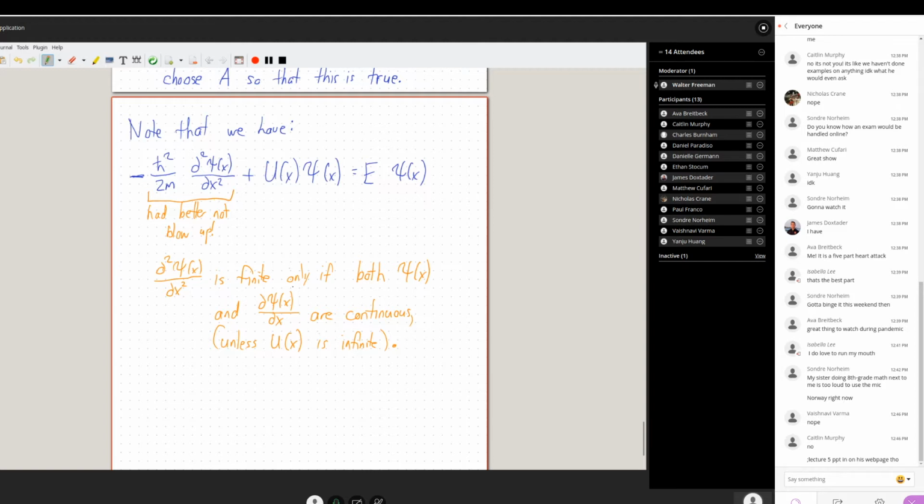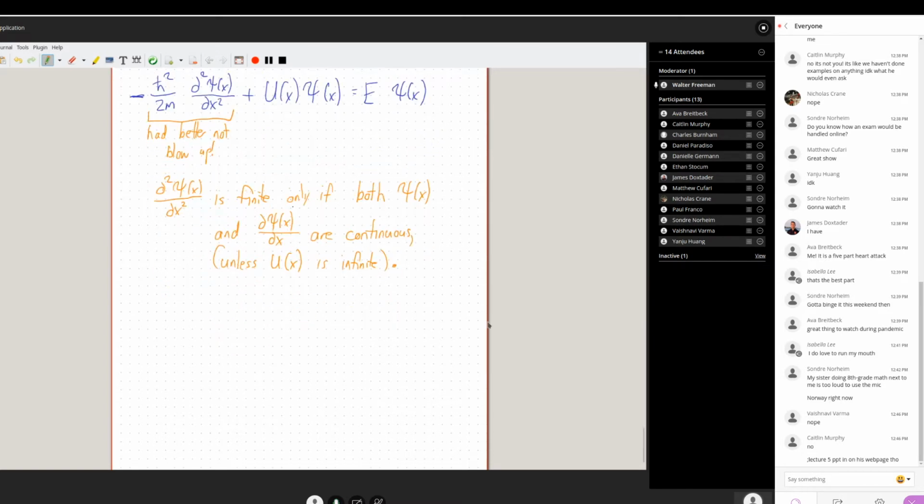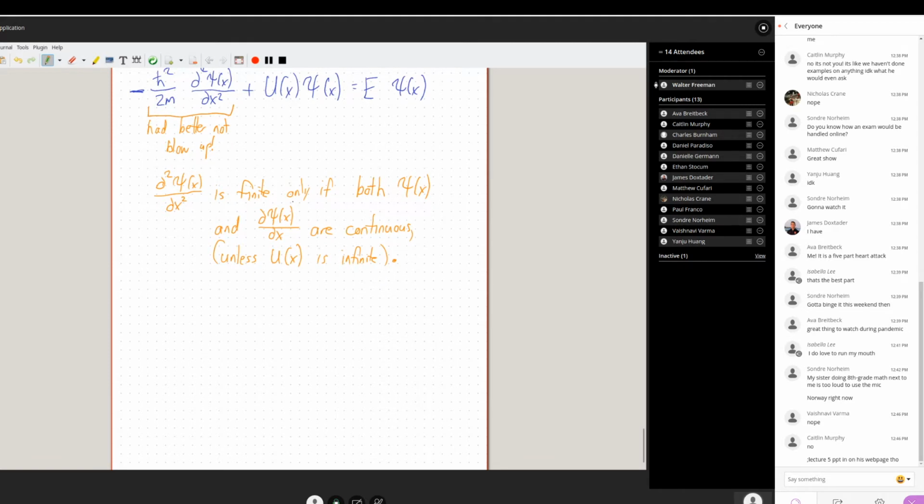And that's true only if both psi and the first derivative of psi are continuous, because the derivative of a discontinuous thing is infinite. The one exception is that if the potential is actually infinite, then you can have a discontinuity in the first derivative of psi. So we'll actually need that in a moment, but I'm just going to write it down here.